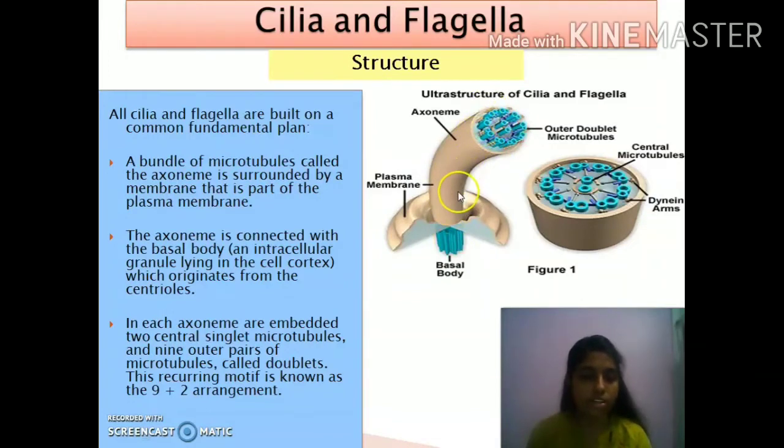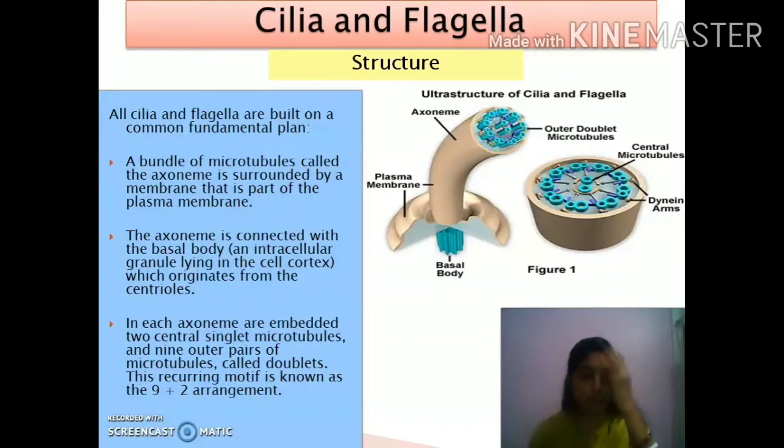What is this structure? It is the structure of cilia or flagella. You can see that the axoneme is made up of several blue-colored tube-like structures, right? These tubes are nothing but the microtubules.